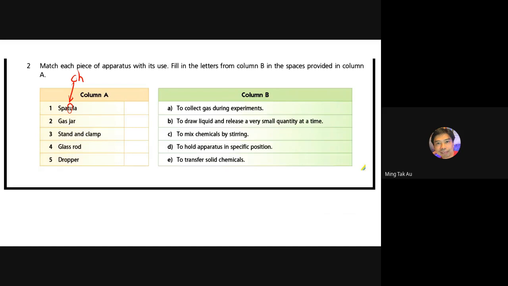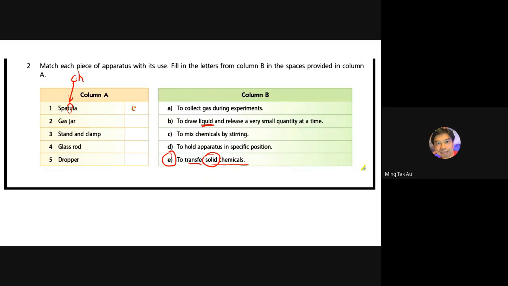Class number 11, Sophie. What is your answer? B. No, not B. It should be E. Transfer the solid. We use it to scoop solids, right? If it is a liquid, don't use a spatula to scoop. For liquids, you can just pour.